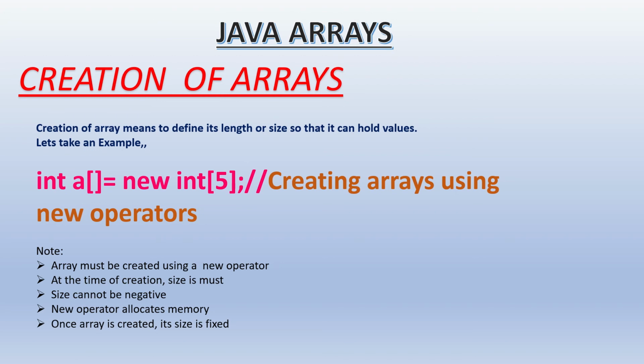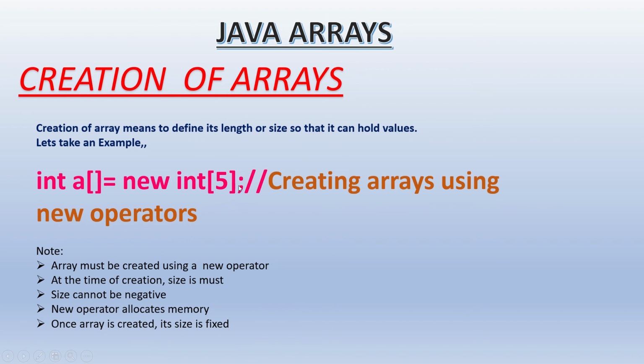This is the syntax to create an array: data type, then the array variable name, equal to, that is the assignment operator, then the new operator, which is a must, then again the data type, then the size of the array. At the time of creation, the size has to be given, it is mandatory, or else it will give an error.